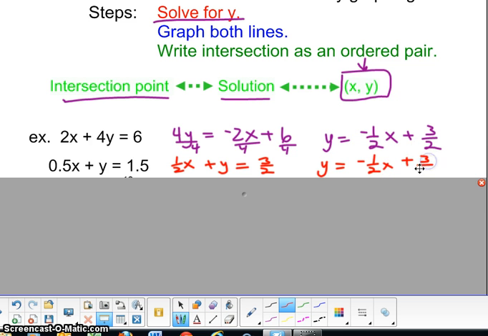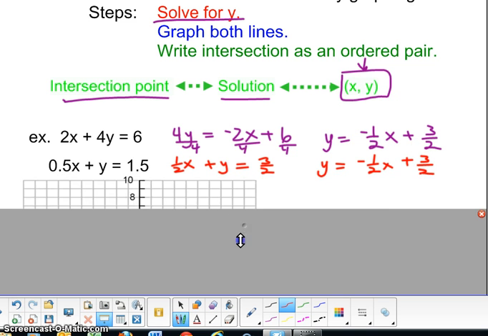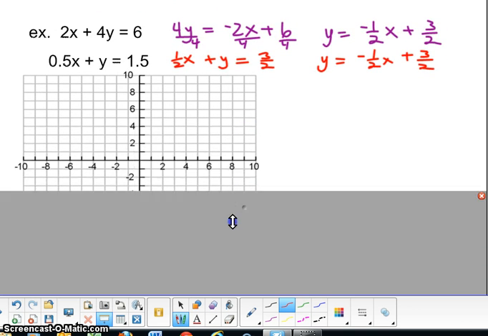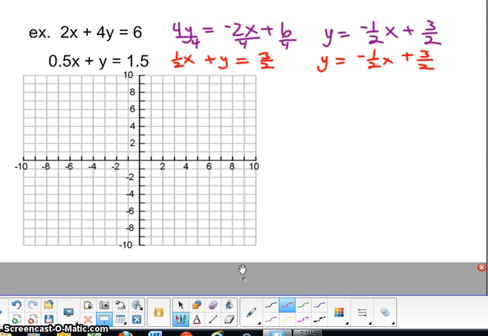you'll notice that they are exactly the same line. So when you put that on the graph, you're only going to see one of them. So you would go up 1.5, which would be about right there, and then down 1 over 2. So down 1 would be here, and then over 2.